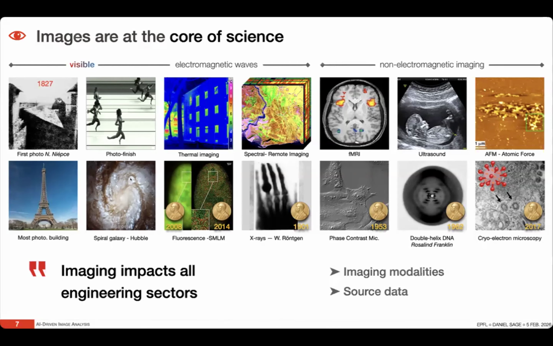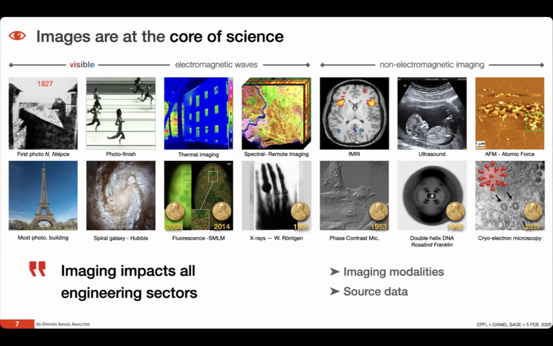On the left, you have visible light. Here we collect photons at the end of the day. That's what you are doing when you take a picture. Even in astronomy, you collect photons. So you just take light. So it's the visible light, an electromagnetic wave. There are also non-visible waves that you can capture, if we think about thermal imaging, remote sensing, fluorescence microscopy, or X-ray.